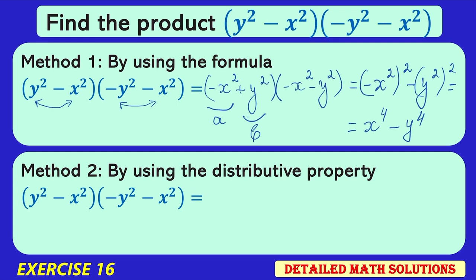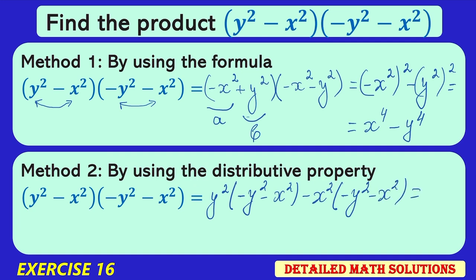When I apply the distributive property, I have y squared multiplied by negative y squared minus x squared in parentheses minus x squared multiplied by minus y squared minus x squared in parentheses.